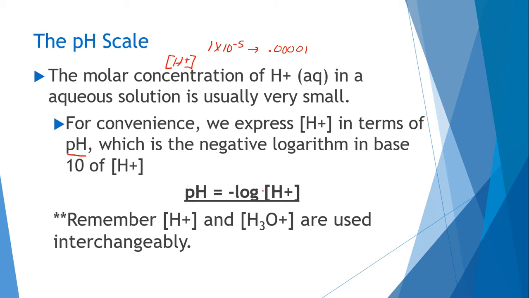So what we learned last lesson with the hydrogen concentration, we just plug it into this equation. pH equals negative log, which you find on your calculator, as you learned in Algebra 2. Then you plug in the H plus concentration they give you, and that will give you your pH. Remember that H plus and H3O plus, or hydronium, mean the same thing. We use them interchangeably in this situation.